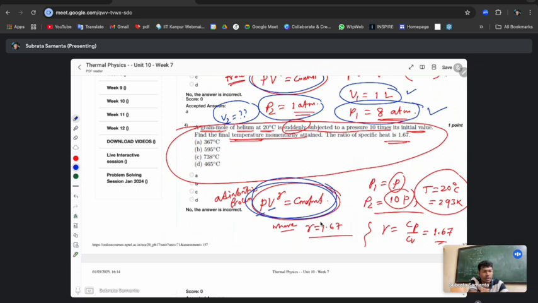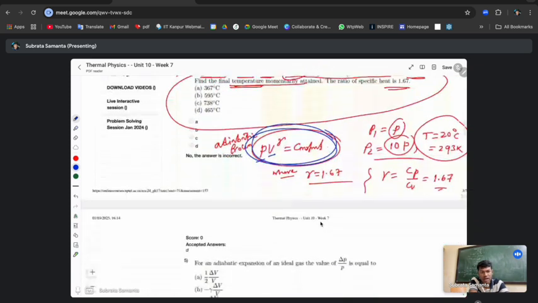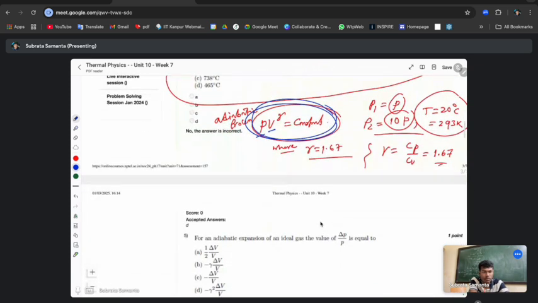So first we convert to P and T, right? How P and T depend on each other through this adiabatic process, not P and V, because you have to calculate temperature, not the volume. In the previous problem we had to calculate the volume V2, so we used PV to the power gamma equals constant. But in this case we have to use another form.